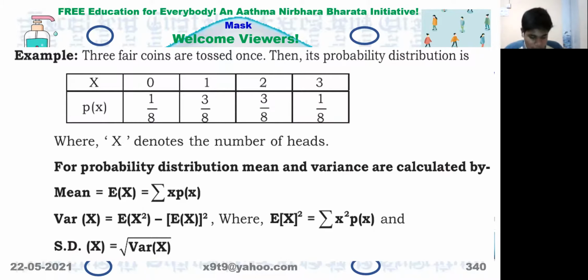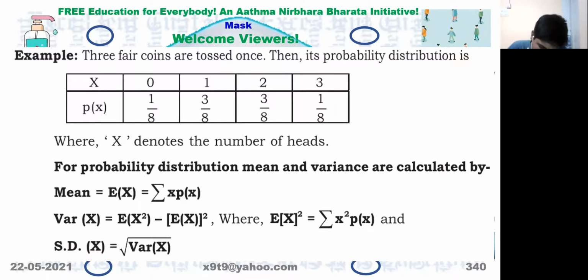Sir, the second column is sigma p of x, right? No, that is not required. First, second, and third are not required. We want only the fourth and fifth. So the fourth is xpx, and at the end you will get sigma xpx.